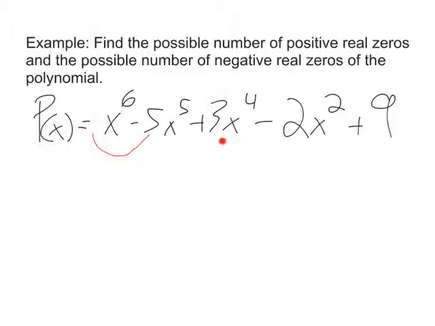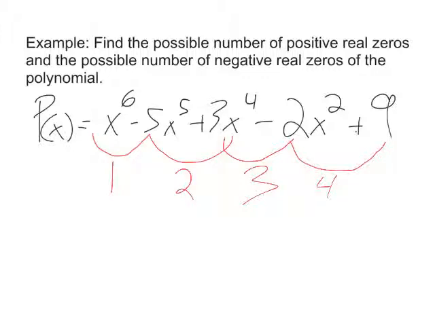From negative 5x to the 5th to positive 3x to the 4th, we have a sign variation there. So there's 2. And then from 3x to the 4th to negative 2x squared, we have a third one. And then negative 2x squared to positive 9, we have a fourth. Okay, so there are 4 sign variations in P of x.